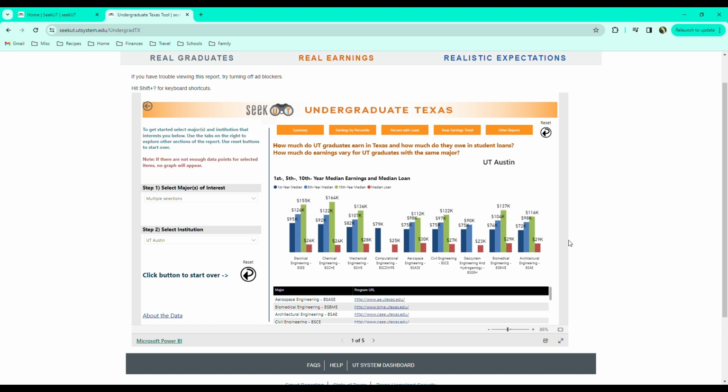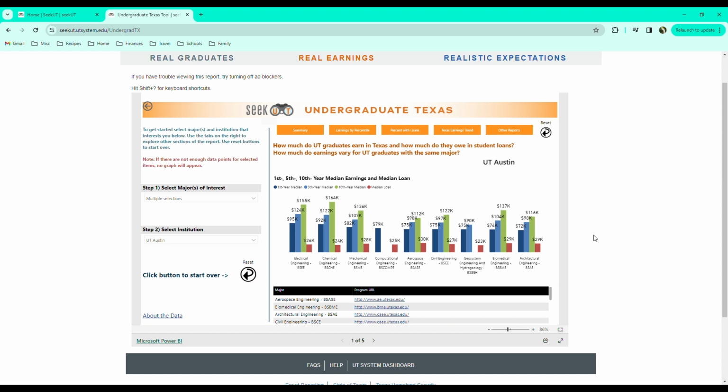But we'll look at the income data and what other things are available. So what I've done is I've gone to University of Texas Austin, and I've selected the engineering majors that are available. One thing that the UT system provides that I haven't seen in other schools is not only the first year, but the 5th year and the 10th year, and then they're looking at loans.